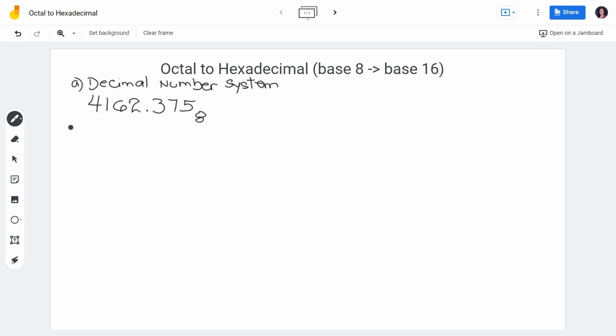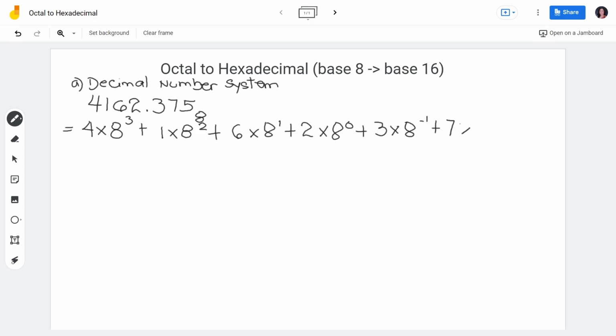Let's write that: 4 times 8 raised to 4 minus 1, which is 3, plus 1 times 8 raised to 2, plus 6 times 8 raised to 1, plus 2 times 8 raised to 0, plus 3 times 8 raised to negative 1, plus 7 times 8 raised to negative 2, plus 5 times 8 raised to negative 3.